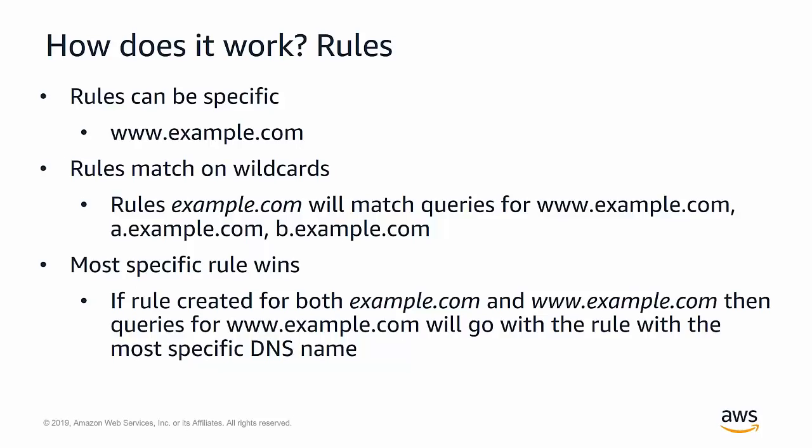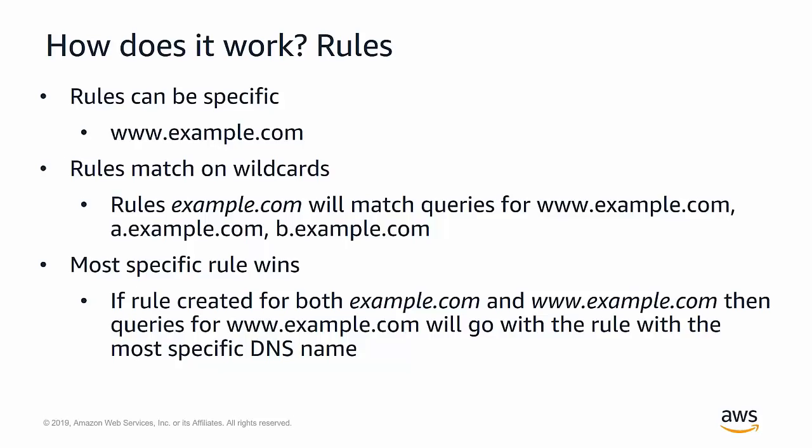Something to keep in mind, though, is that in general, the rules are matching domains based on wildcards. So if you have a rule that is just example.com, then any of those previous names, a.example.com or b.example.com, essentially any subdomain off of example.com will match queries for that rule and forward them to that location.